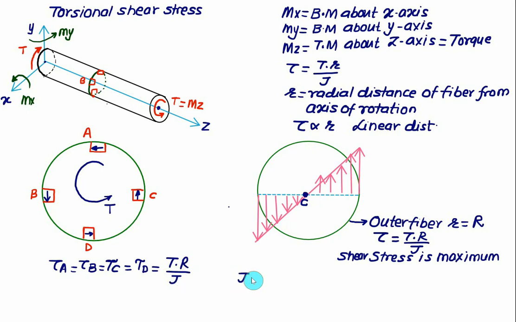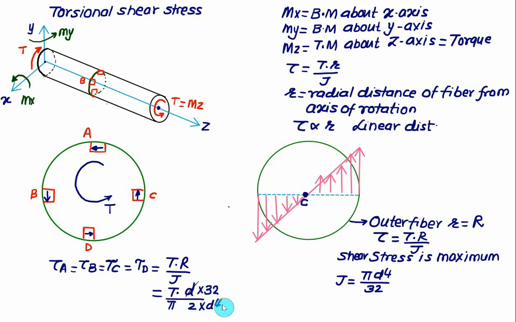For a solid shaft, we can take the polar moment of inertia equal to pi into d to the power 4 divided by 32. So we can put for J as pi d to the power 4 by 32, and for R as d by 2. So we can calculate the shear stress at any point A, B, C on the outer fiber. That will be equal to torque, radius we can write as d divided by 2, and polar moment of inertia is pi d to the power 4 by 32. The 32 will shift to the numerator and be divided by d to the power 4.